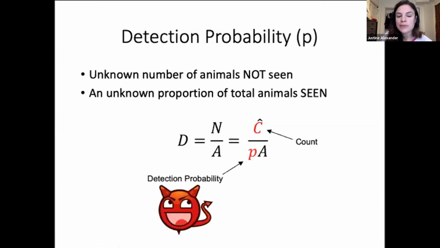So as you remember from module 1, this detection probability is like this devil that we need to address all the time, not only in population distribution surveys, but also population abundance when we do camera trapping with spatial capture recapture, for example. In those models we also try to account for this detection probability.